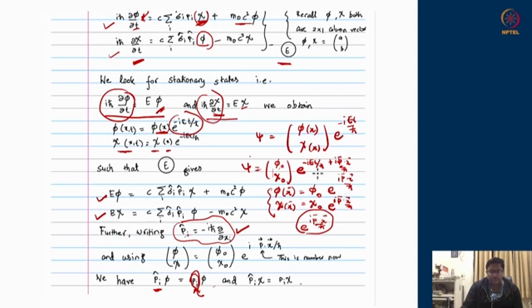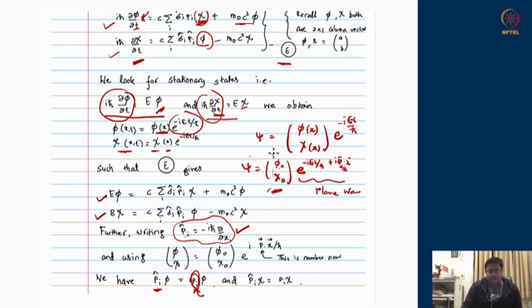Okay, so overall I will have a constant doublet phi naught, chi naught, and this plane wave e to the power minus i E t plus i p dot x, everything divided by h bar. This plane wave multiplies the pair of doublets.